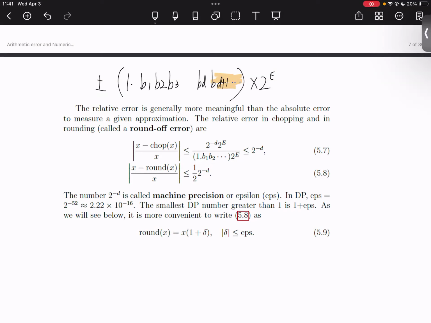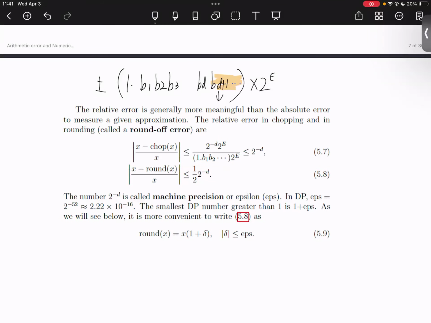Because this number here, all the things here, it should be b_(d+1) times 2 to the negative (d+1), plus b_(d+2) times 2 to the negative (d+2). And if you take all the things to be 1 and do all the sum here, it should still be smaller than 2 to the negative d.